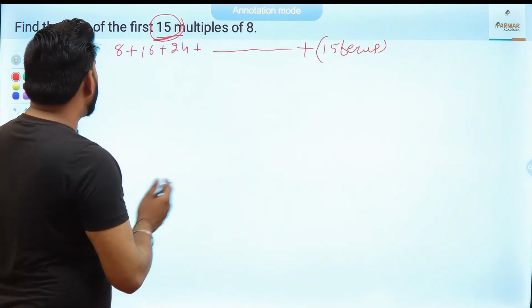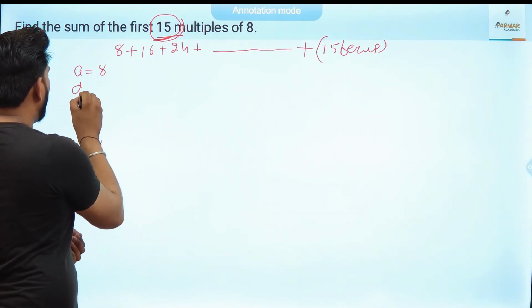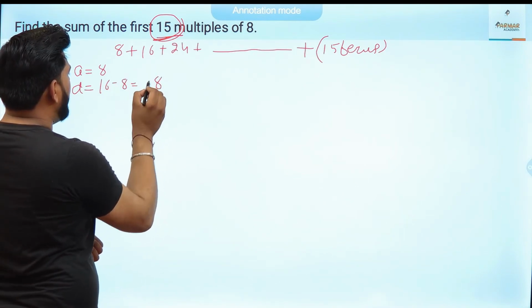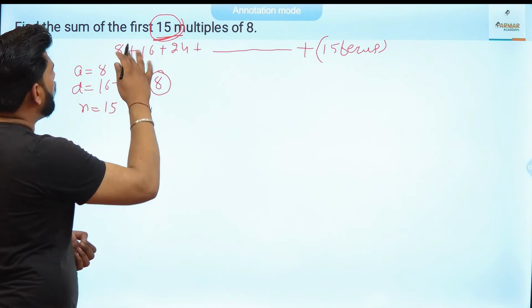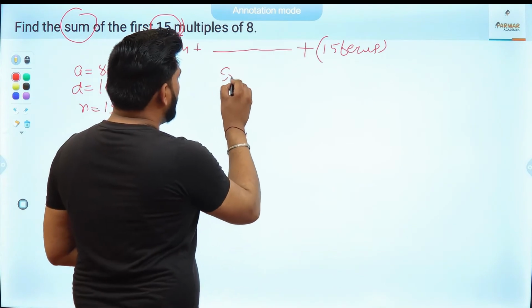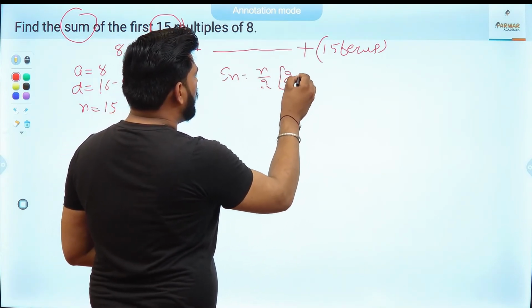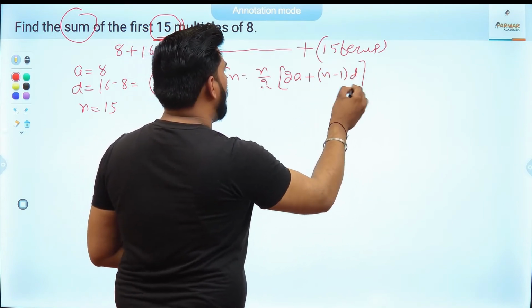So what is given to us: a is 8, difference is also 16 minus 8, that is 8, and n is 15. We have to find the sum. So how to find the sum? Sn is equal to n upon 2 into 2a plus n minus 1 times the common difference.